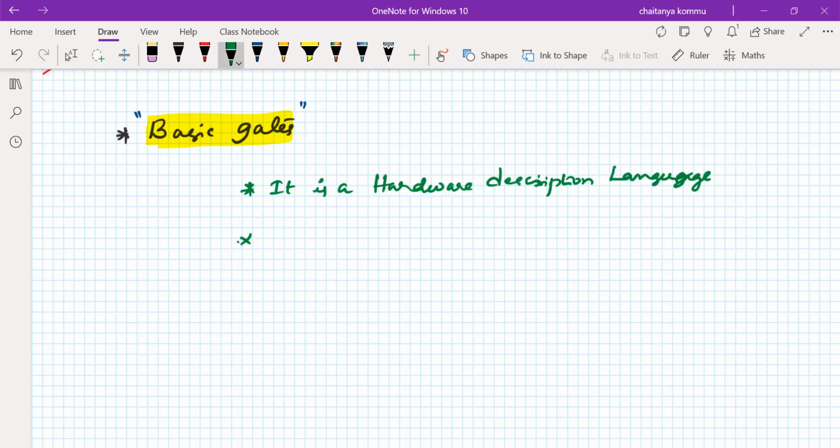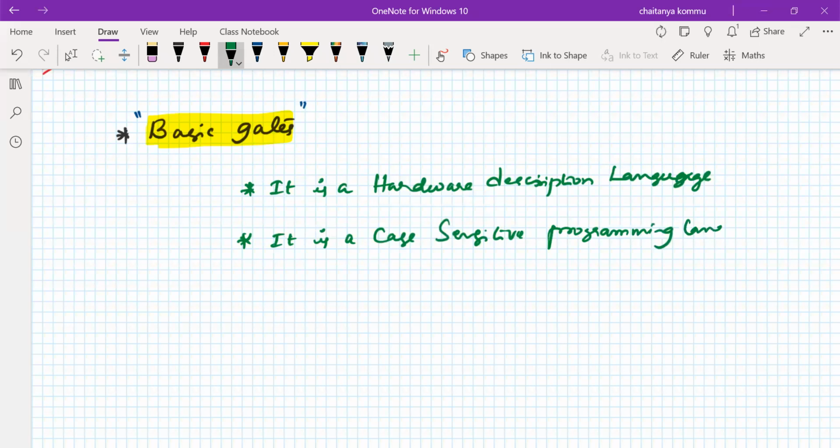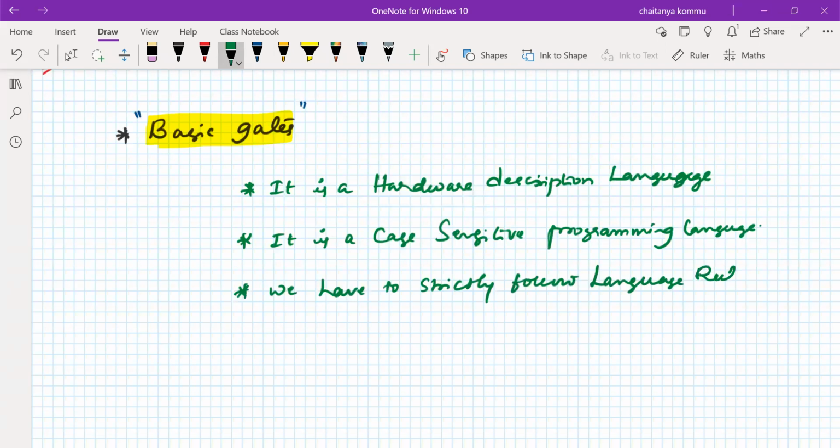The second point is that it is a case sensitive programming language. We have to strictly follow language rules. What does it mean?